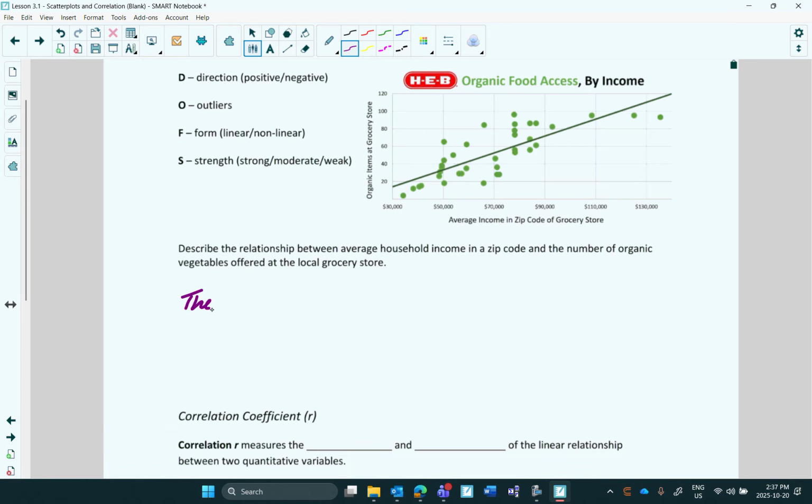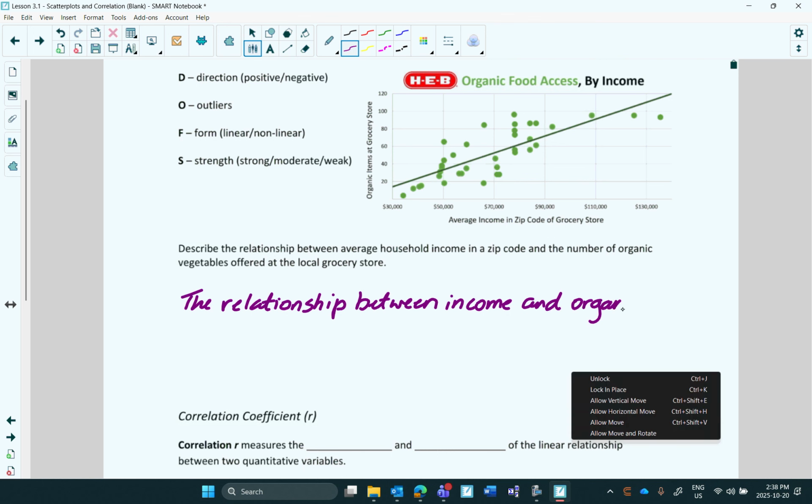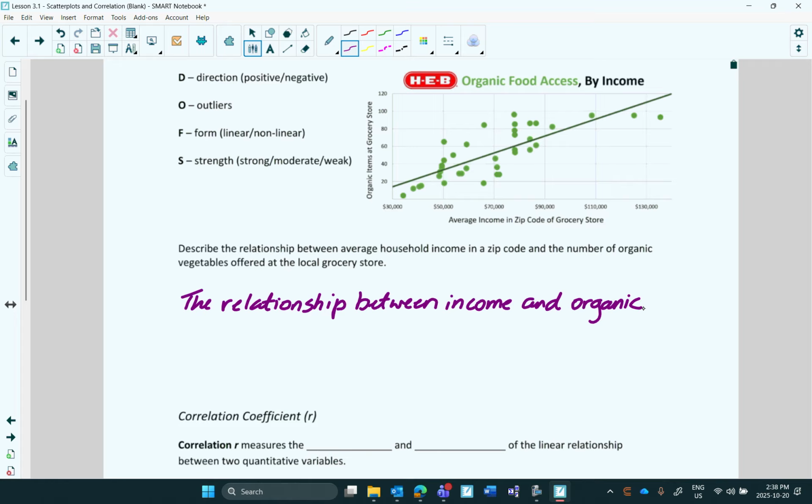But if we were to describe the relationship between income and organic items offered, you can deal with three of the four in one sentence.